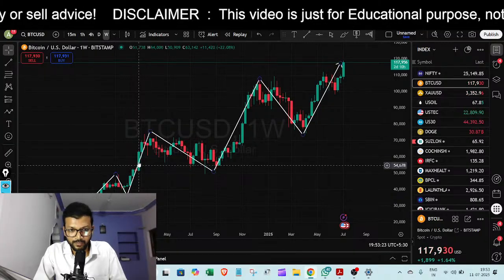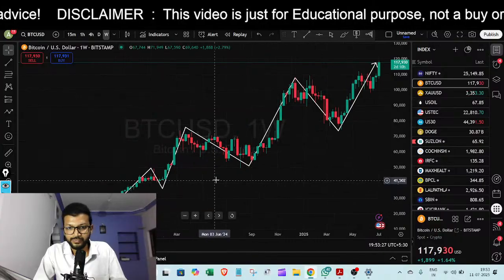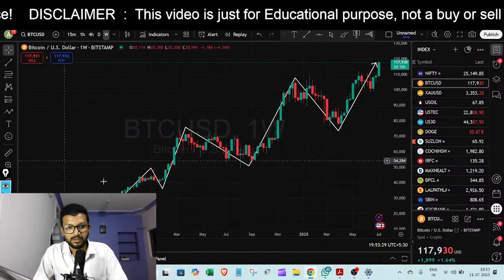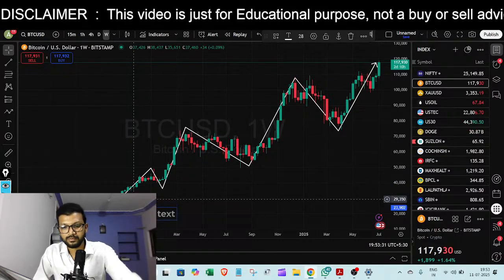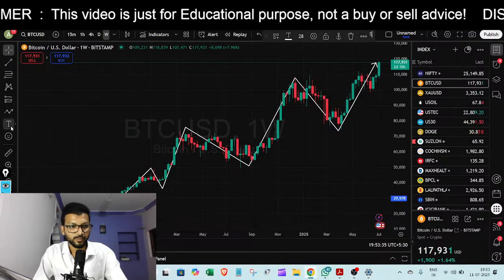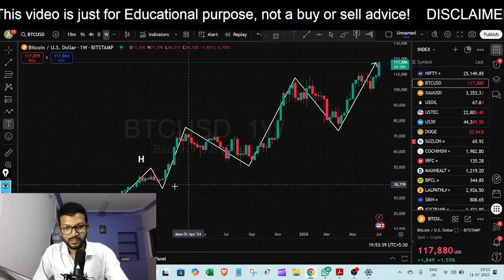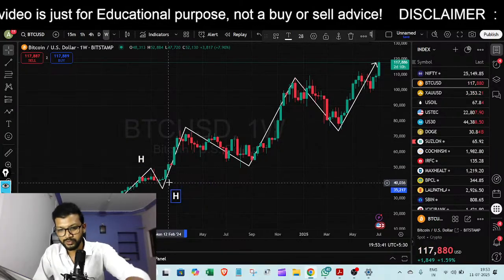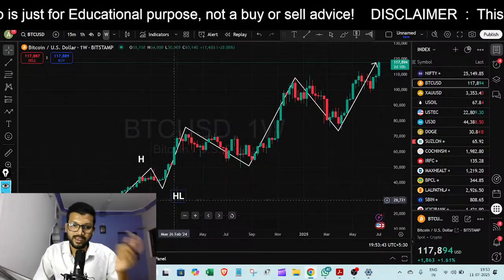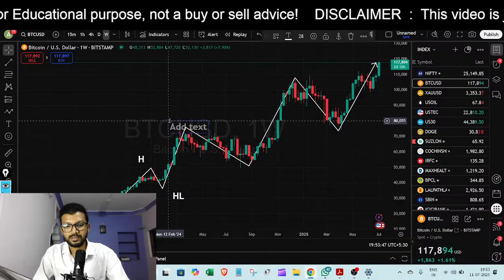This is our first low, this is high, this is a higher low, which means this low is higher than the previous low, and this is a higher high.